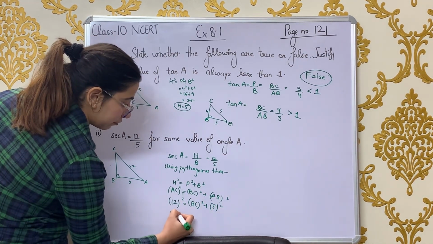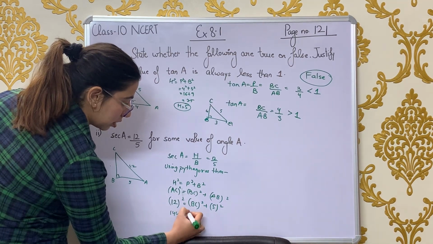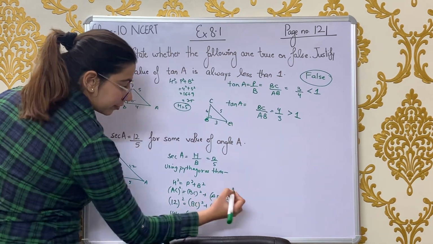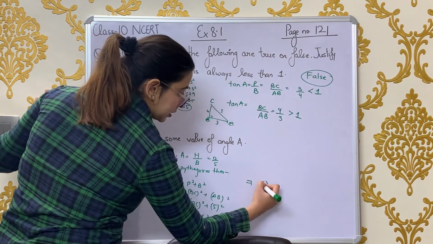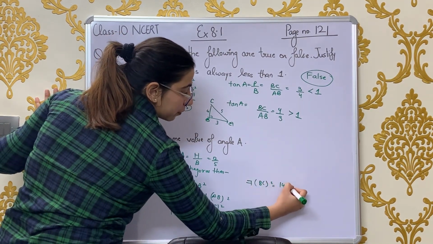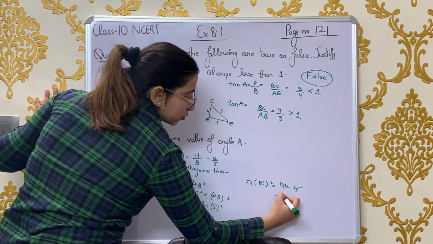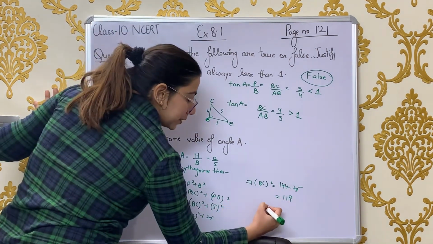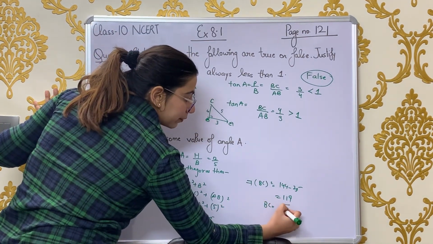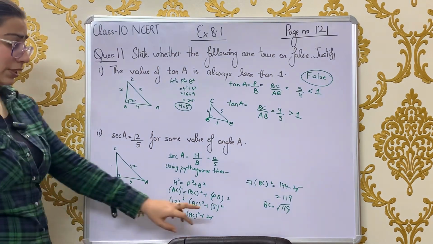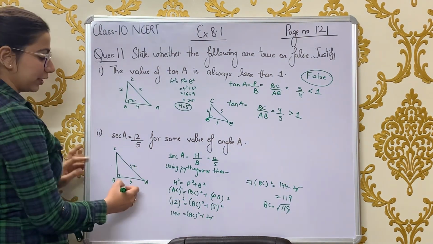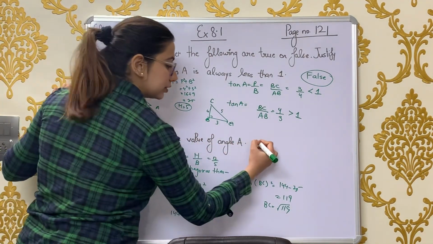So I get 144 is equal to BC whole square plus 25. So from here BC whole square is equal to 144 minus 25, which is 119. So BC comes out to be under root 119, which is less than the hypotenuse. So we can say that this is true for some angle A.